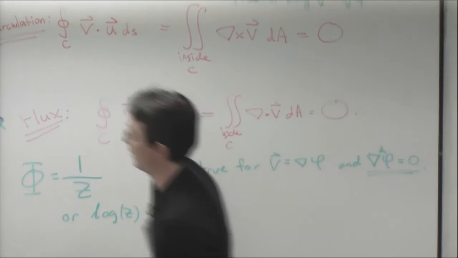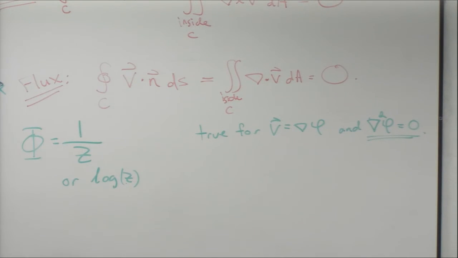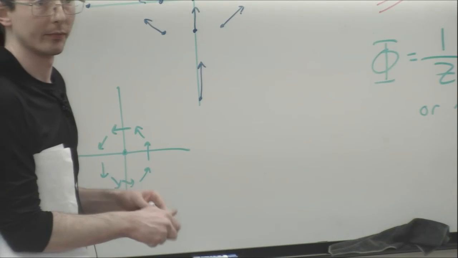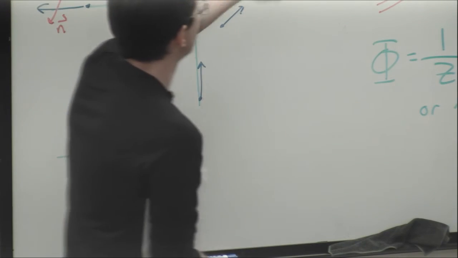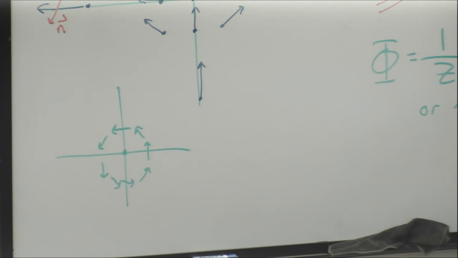Then what I might have is I might have a vector field that looks like this. I might have a vector field that has some rotation, which is a problem. That means that my circulation is not equal to 0. Right?